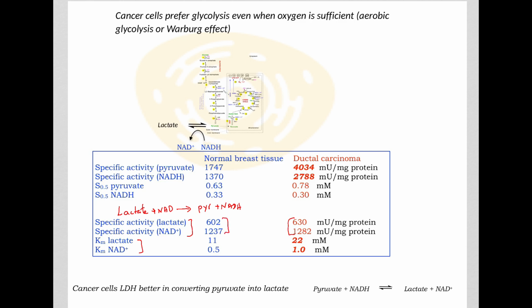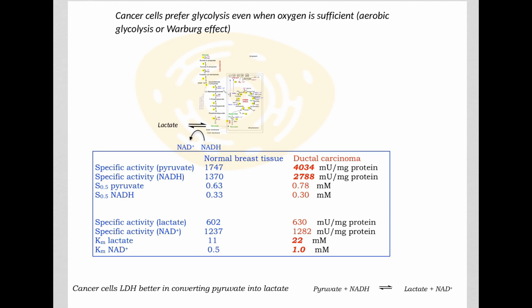No difference between normal tissue and cancerous tissue. As far as the Km was concerned, the cancer cells had higher Km for lactate as well as for NAD. So much higher Km for the cancer cells compared to the normal cells.